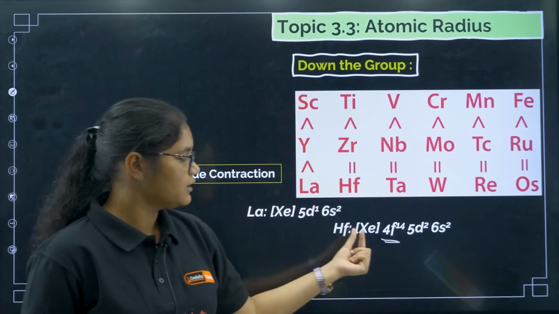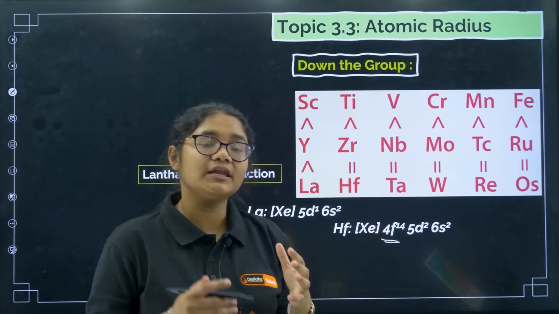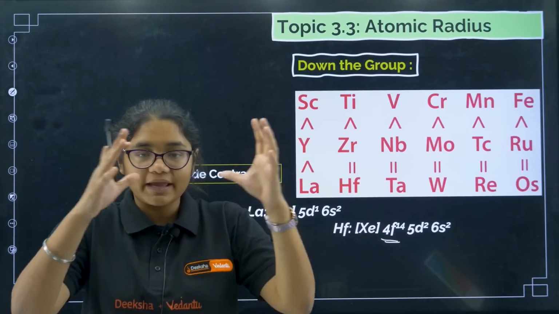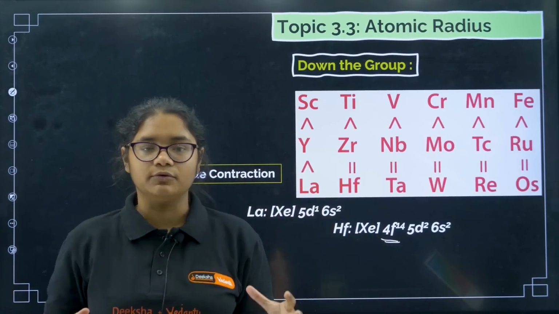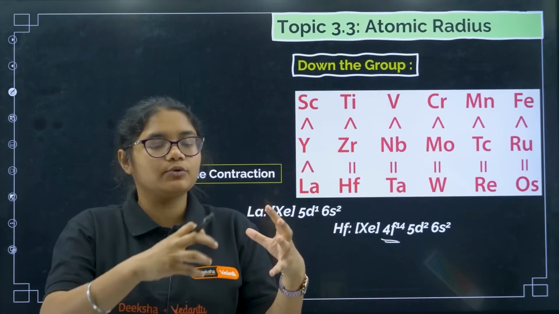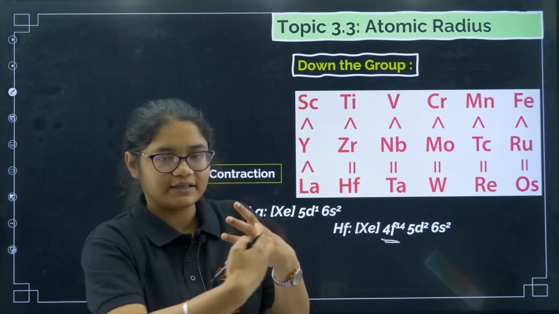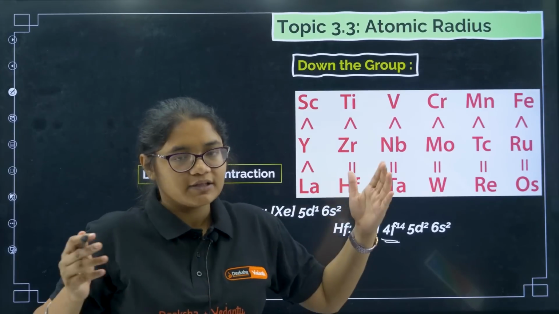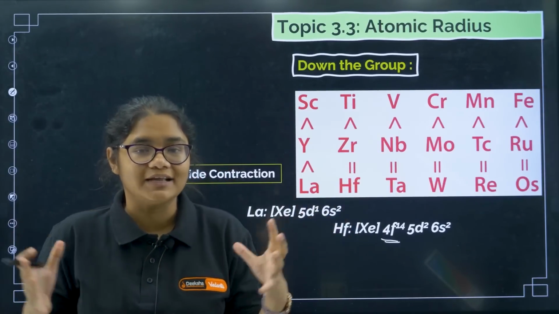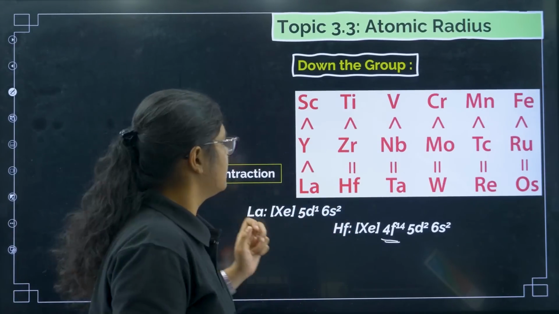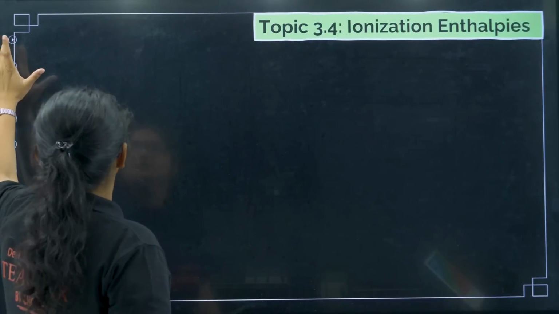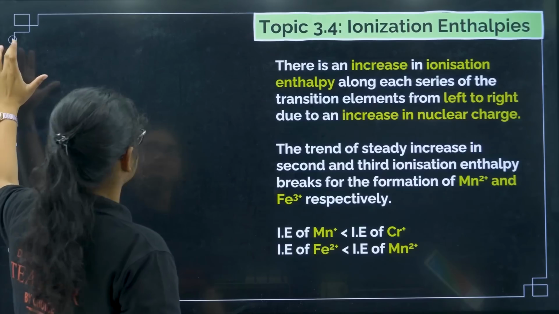When 4f electrons are involved, they have a very poor shielding effect, because their shape is so diffuse that they cannot shield the nuclear charge from reaching the last electron. So the nuclear charge can easily reach the last electron, it will pull the last electron, and the size will decrease here.